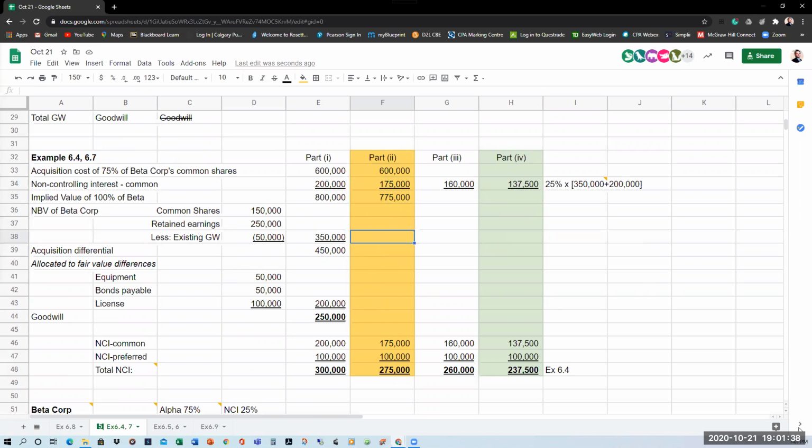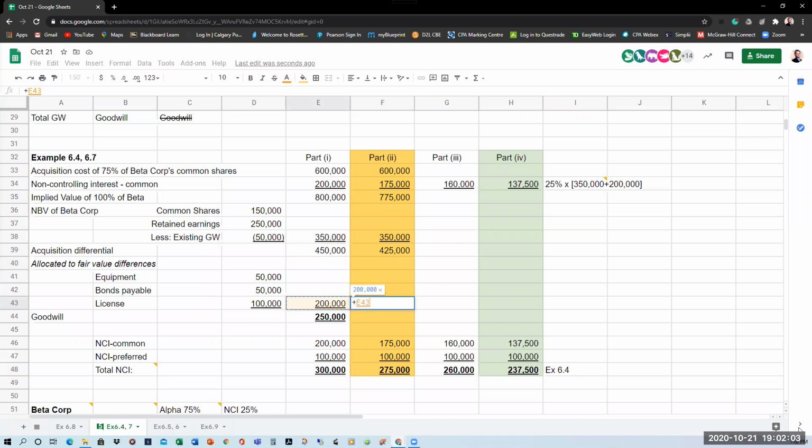Now, what does that 775,000 involve? Well, there's $350,000 for net book value. So that number is indisputable. That leaves us with an acquisition differential of 425,000. Next in line is the fair value differences.